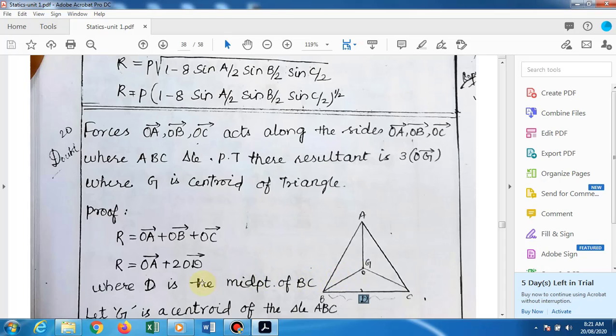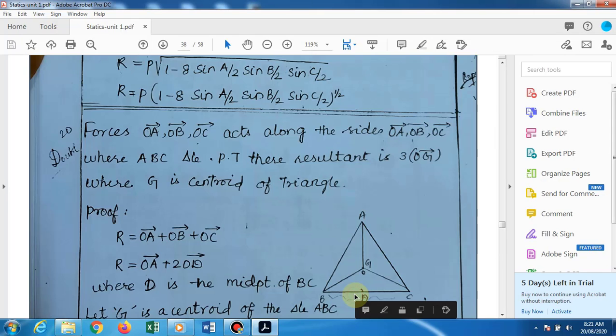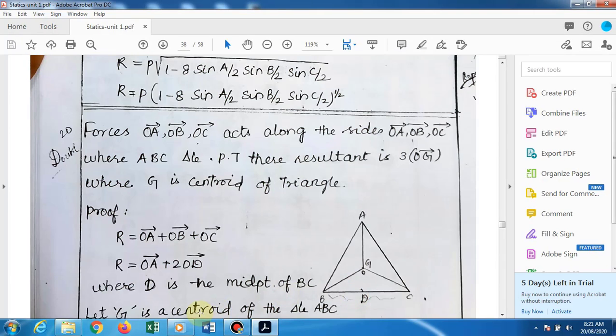So here you see what we are doing. R is equal to OA vector plus OB vector plus OC vector. OB plus OC we can write as 2OD, as in the earlier problem, where D is the midpoint of BC. So OA plus 2OD. Let G be the centroid of triangle ABC.